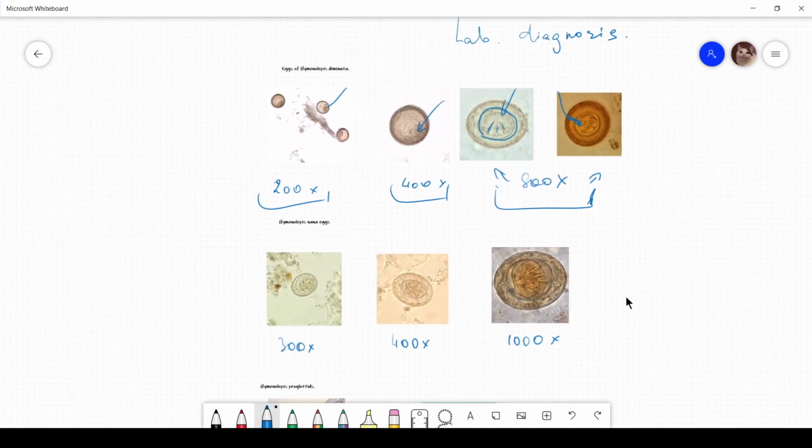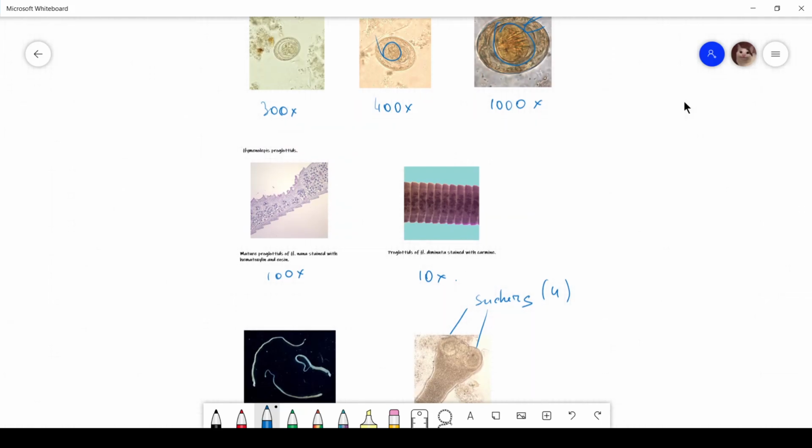It is not good for laboratory diagnosis. We cannot be sure what the worm is, Hymenolepis nana or Hymenolepis diminuta, by the eggs. And as you can see, eggs of Hymenolepis nana contain an oncosphere too.